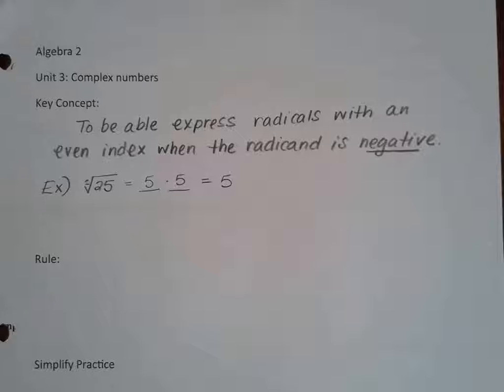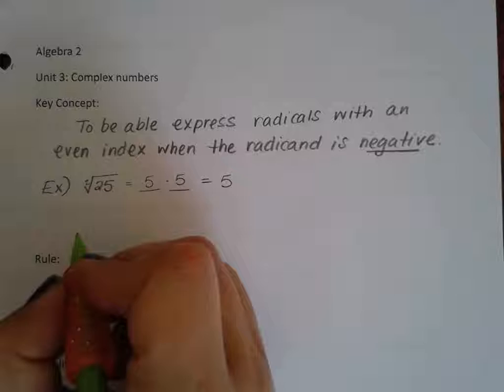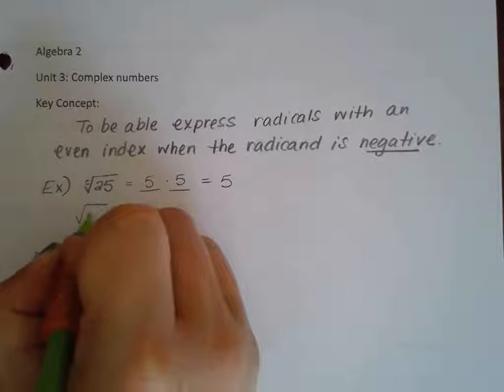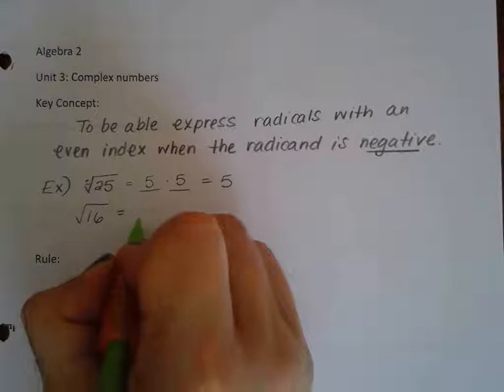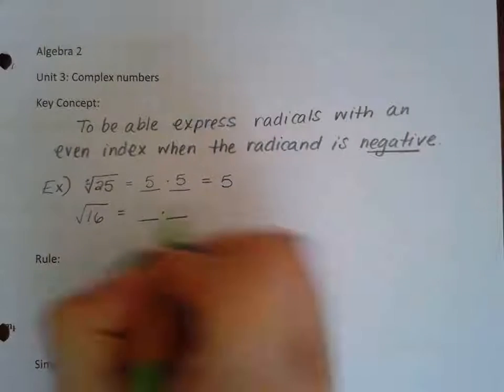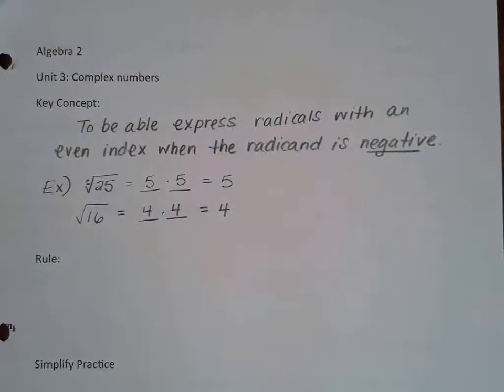No problem there. If we had the square root of 16, you're trying to find two identical numbers that multiply to 16. Well, 4 and 4 works, so the square root of 16 is 4.